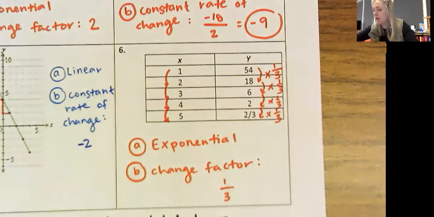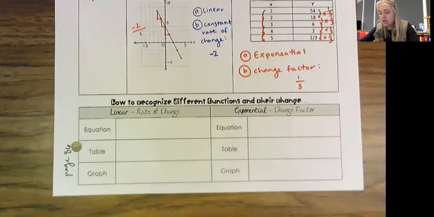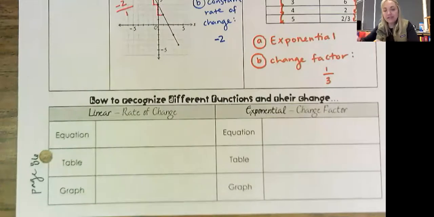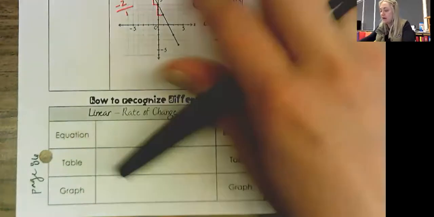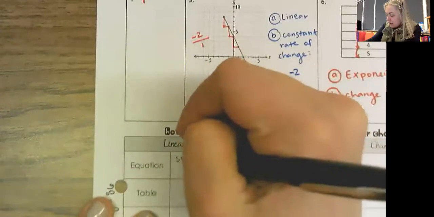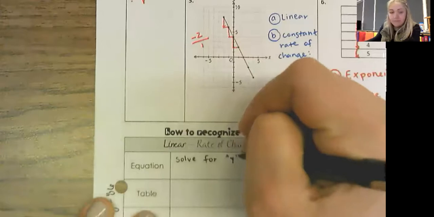So let's start with the linear side, how to recognize different functions and their change. So when it is an equation, what you are looking for in an equation is you are going to start like we did up here. You need to solve for y first. So I'm going to say solve for y.